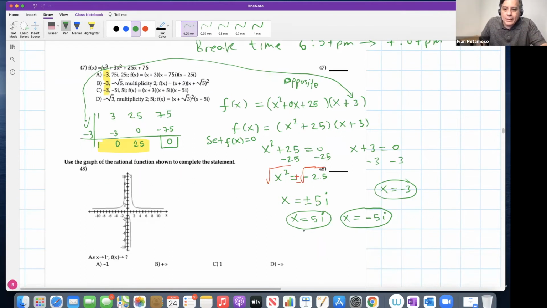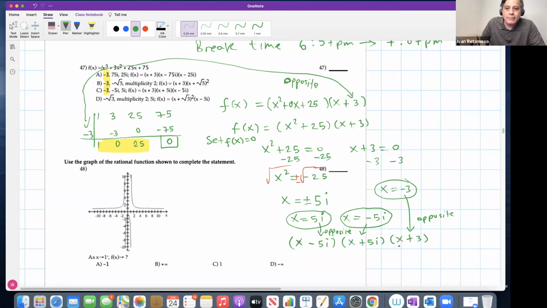So once you have your final zeros here, one way to go back to the factorization is this. Write the opposite of this, opposite. Opposite would be -5i, right? Opposite of 5i. Here, x plus 5i, right? And opposite of this, x plus 3, right?